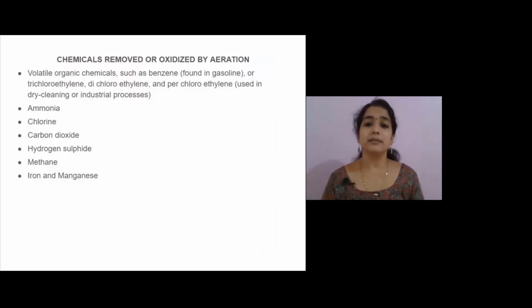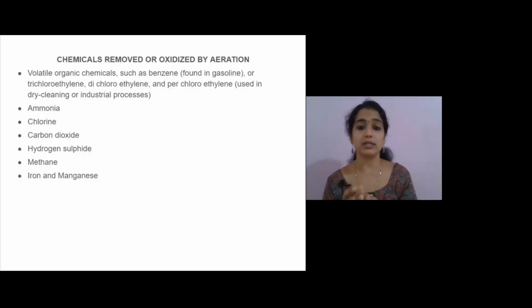Then, chemicals removed or oxidized by aeration. Volatile organic chemicals such as benzene found in gasoline, or trichloroethylene, dichloroethylene and perchloroethylene used in dry cleaning or industrial processes, and it will be useful for the removal of ammonia, chlorine, carbon dioxide, hydrogen sulfide, methane, iron, and manganese.